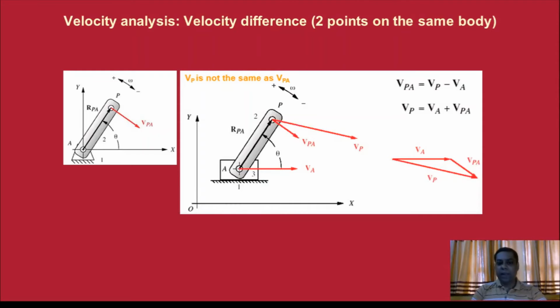Now over here we have to understand that the velocity of P is not the same as the velocity of P with respect to A. That is, Vp is not exactly the same as Vpa. Have you seen what is Vp and what is Vpa? Over here there is a slider at point A. The slider is supported on the flat link shown by a hatched line, and it is rectangular in shape.